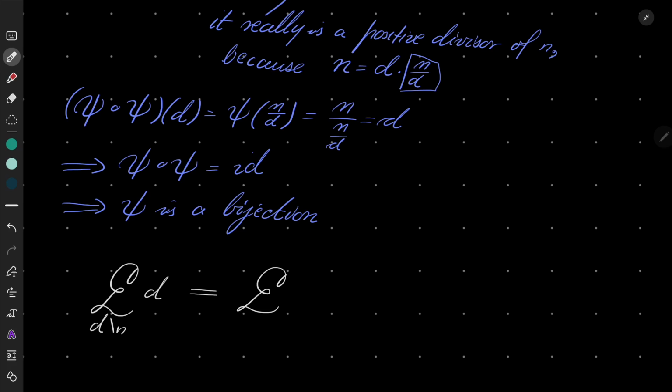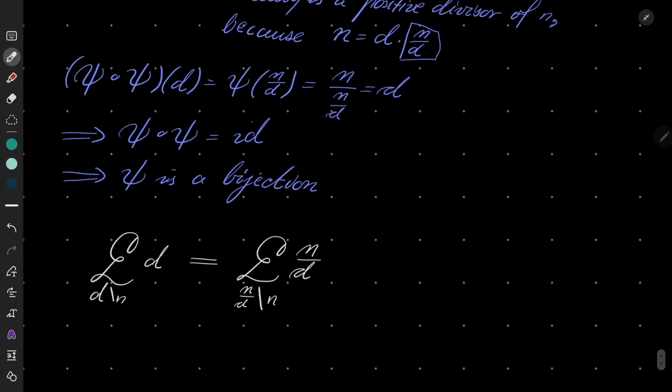So instead of d, let's put that we are summing over n over d, which are divisors of n. And well, that means that this is exactly the sum over all divisors of n.